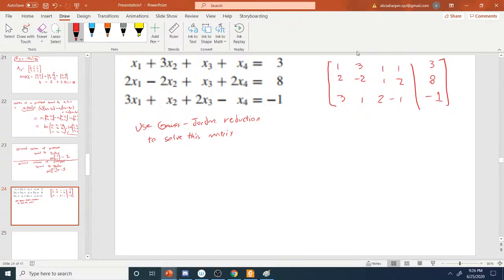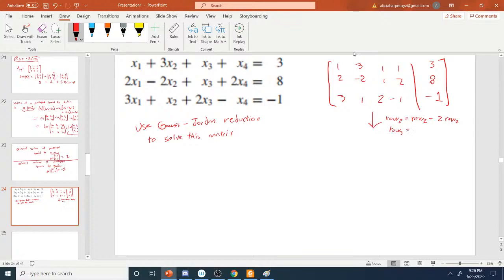Now I'm going to apply a sequence of row operations to put this matrix right here in row reduced echelon form. So first thing I'll do is I will set row 2 to be equal to row 2 minus 2 times row 1. And the reason I'm doing this is I want to use this 1 right here to get rid of this 2 right here.